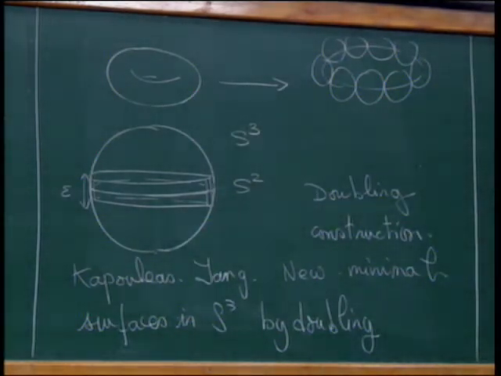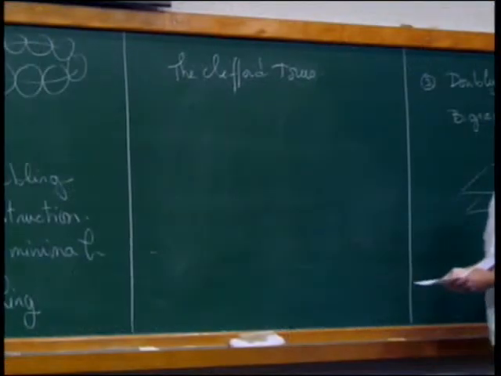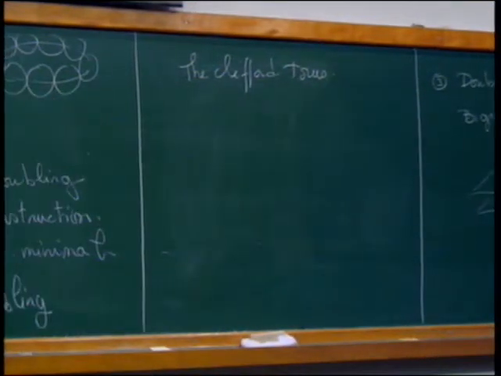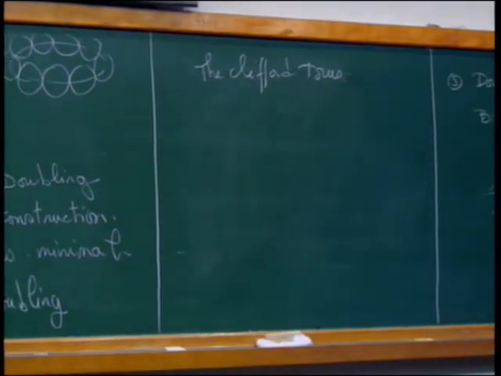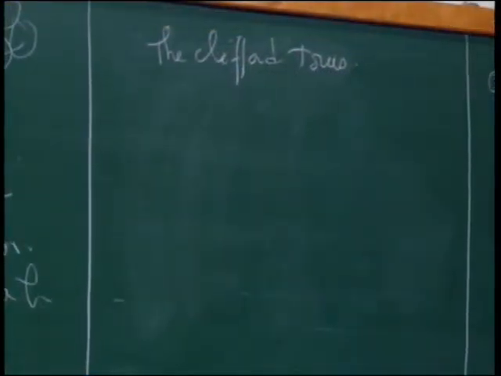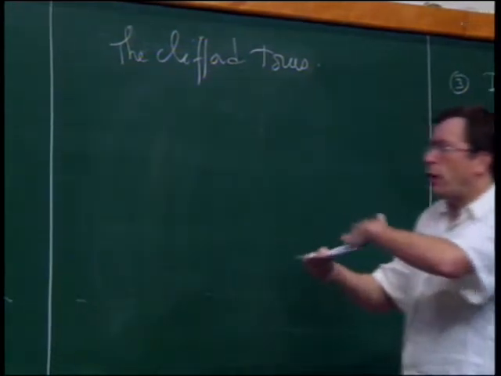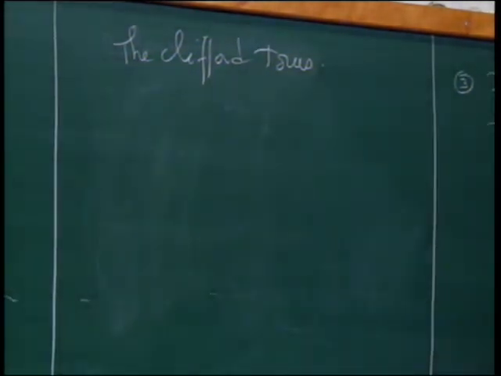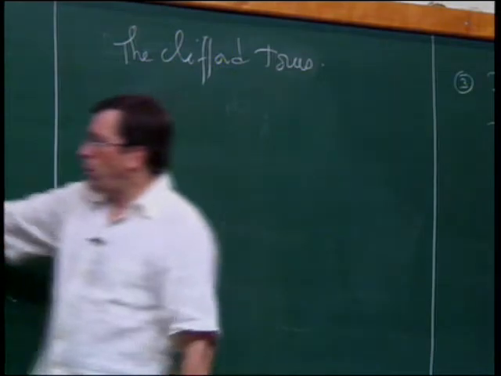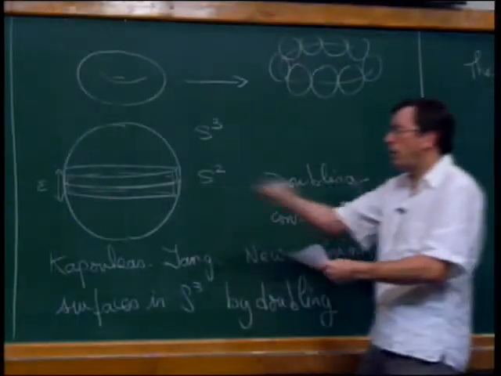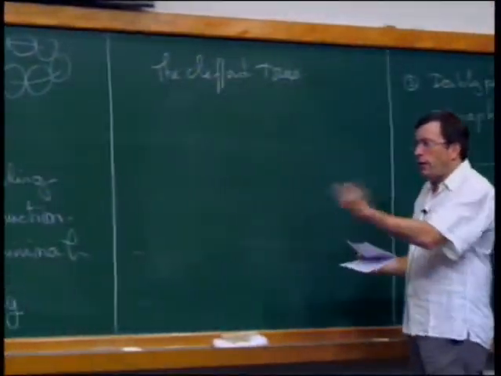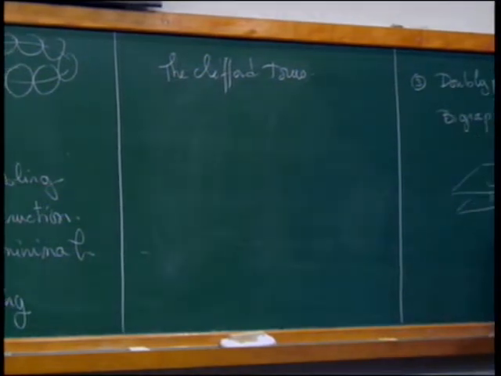What they did is perform exactly the same type of construction, but starting from the Clifford torus, which is one of the tori here when the two radii are the same, R1 equals R2 equals 1 over square root 2. And so this is a minimal torus. Then you can perform exactly the same construction, but performing the connected sum not only at 2 points, but at a very large number of points, and then you can achieve new minimal surfaces.